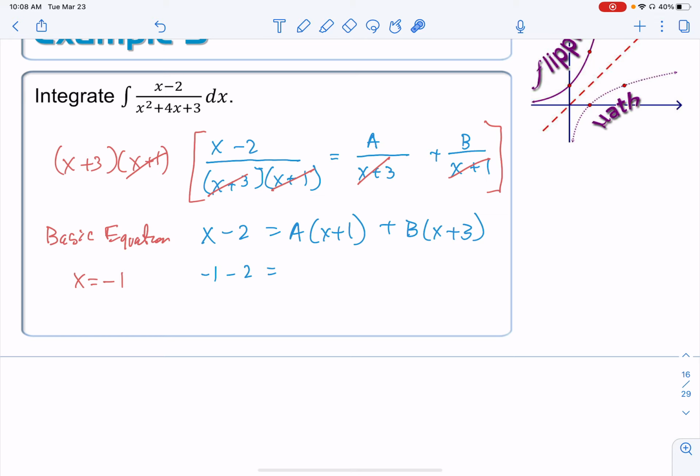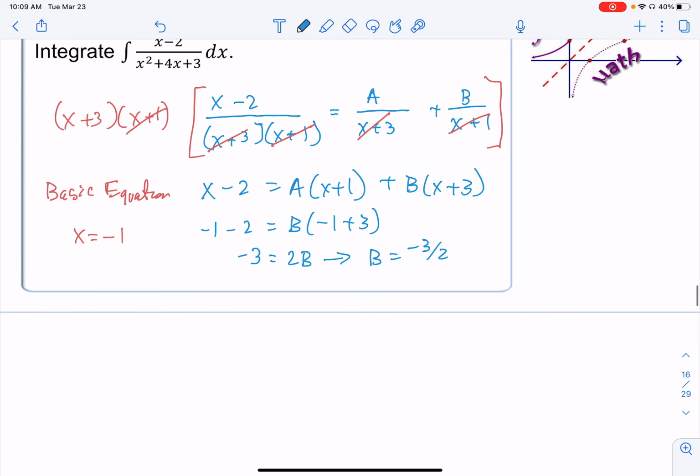That's the whole reason why I chose it. And then B times -1 plus 3. We have a -3 on the left is equal to a positive 2B, meaning that B is equal to -3/2. We got some sort of fraction this time. Totally okay. It often happens.